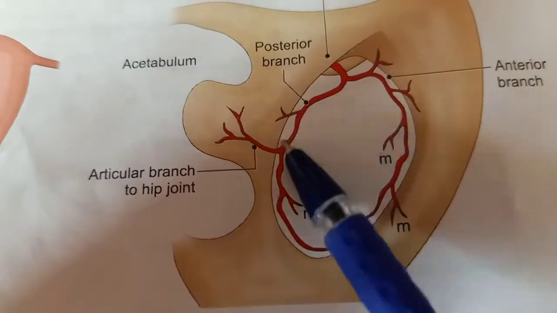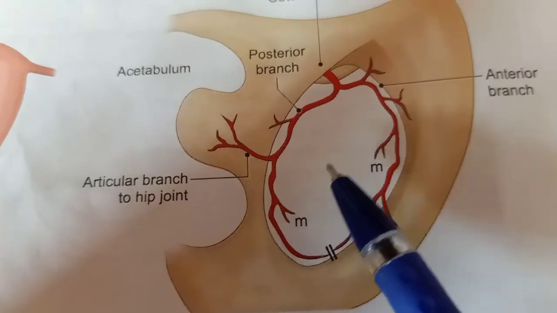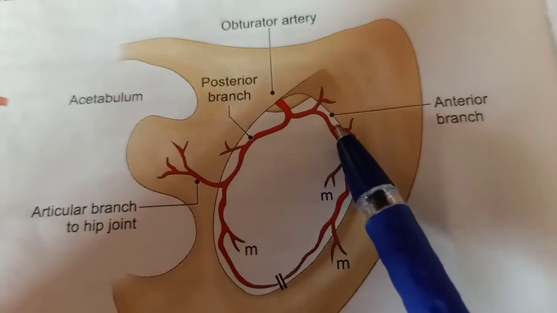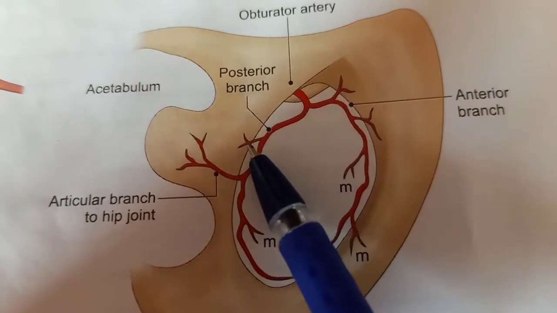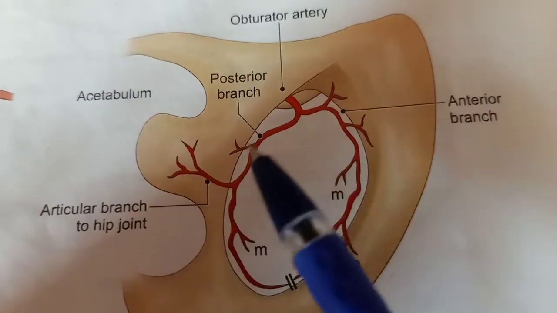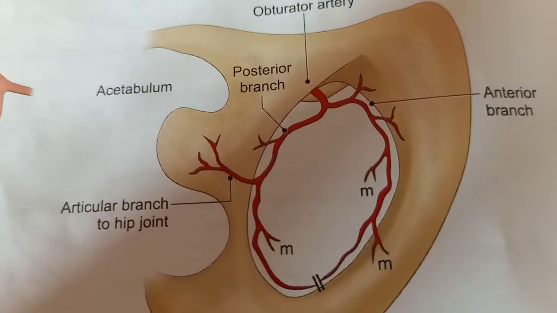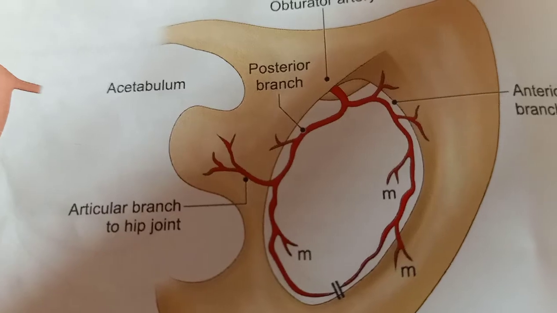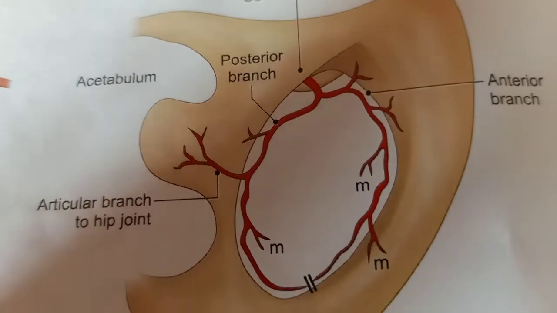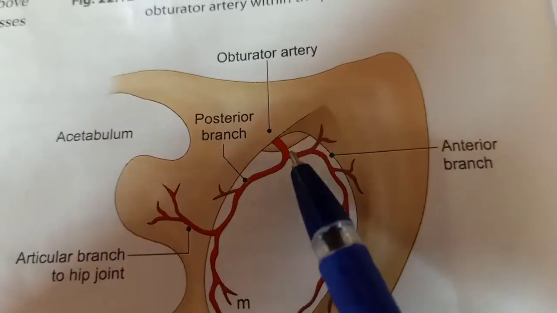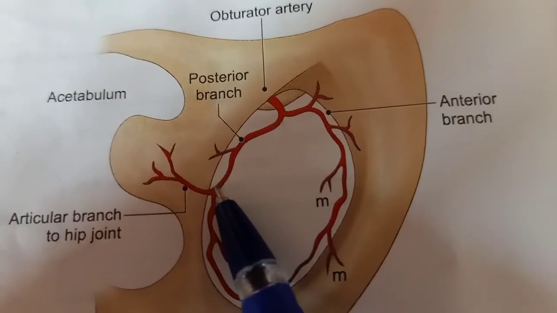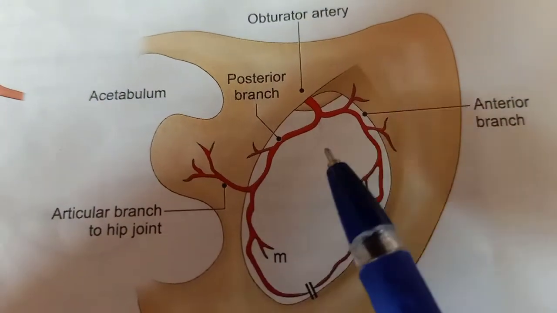So this is the obturator canal, and the artery divides into an anterior branch and a posterior branch along the margins of the obturator foramen.